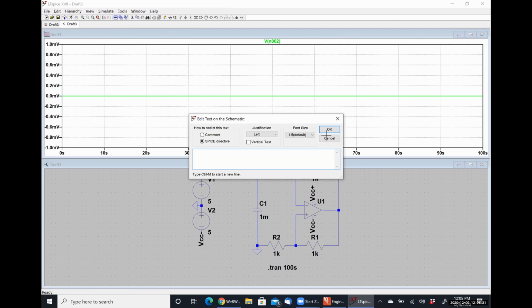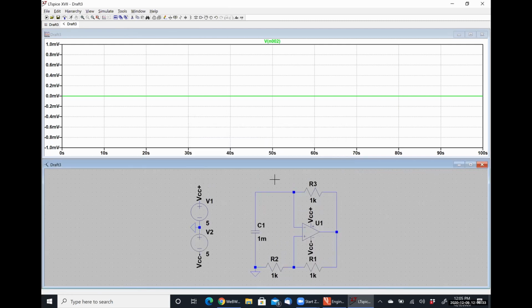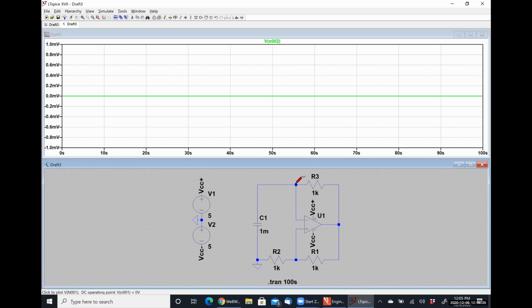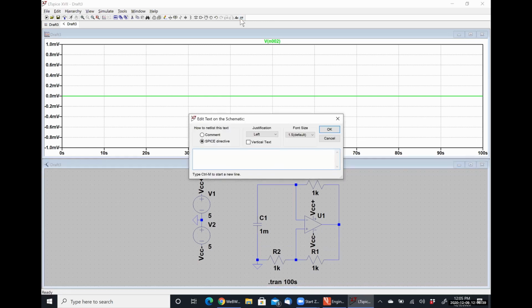Actually, I need to do something real quick here. So this node is node 1. Okay. So .IC V, so voltage at N001. I'm saying the voltage at that particular node is equal to 1 volt.